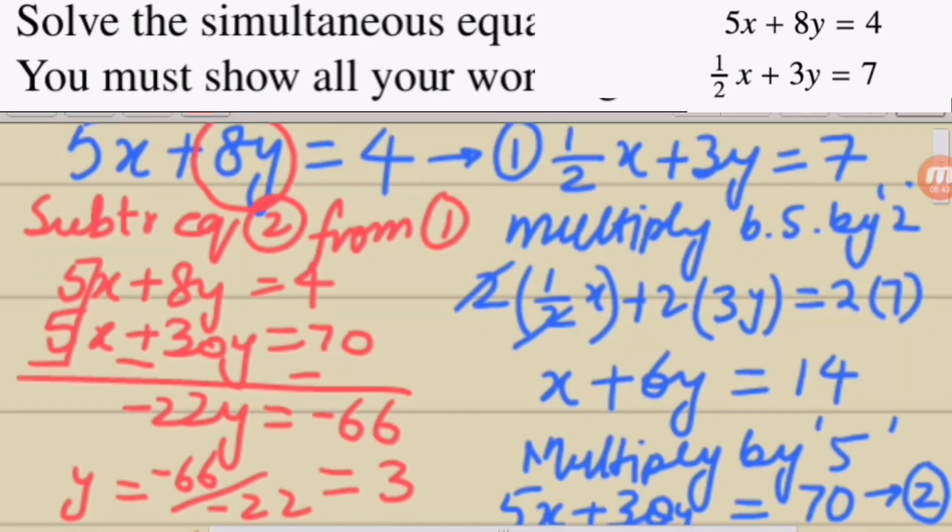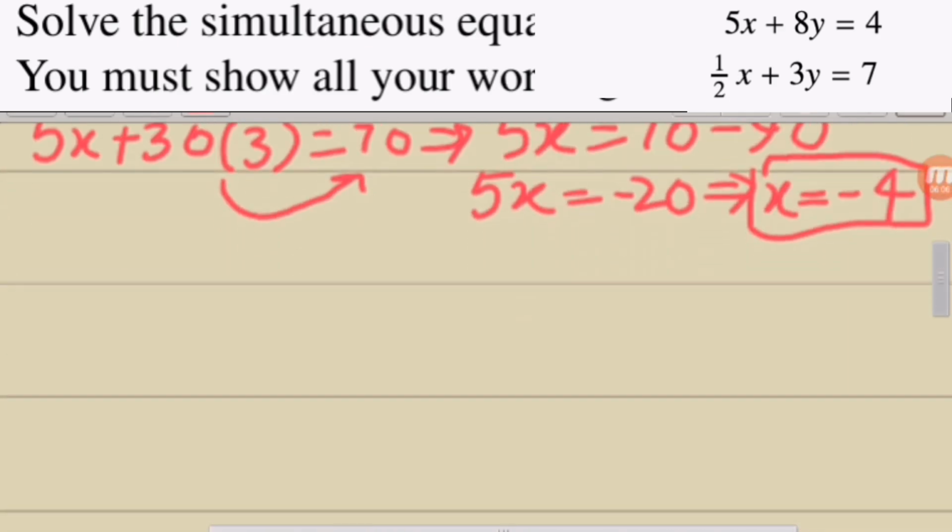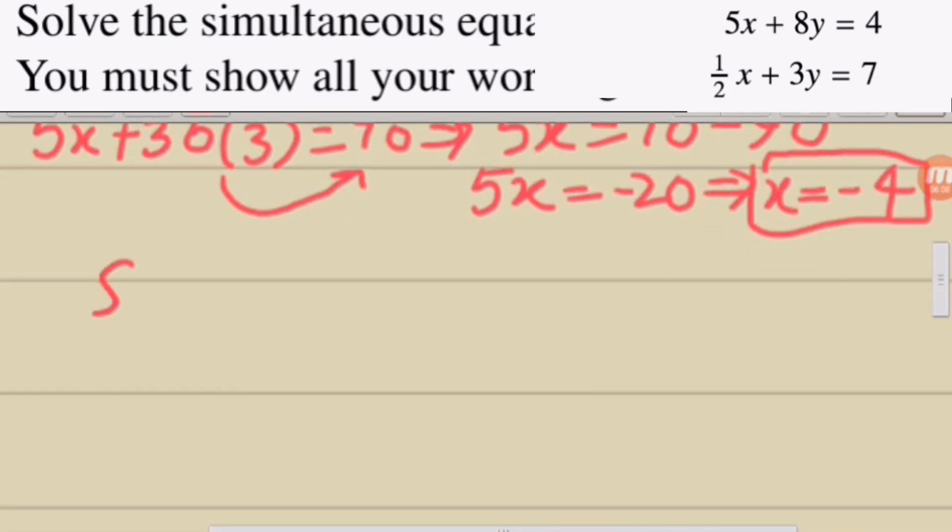And what do we substitute for x? x is minus 4. So 3 in place of y makes 24, and minus 4 in place of x here makes minus 20. So we can see minus 20 plus 24 is equal to 4, this equation is satisfied. So we can verify the solution in the end in this way.